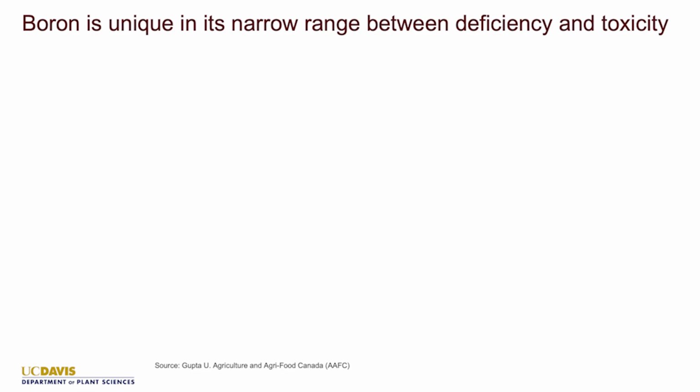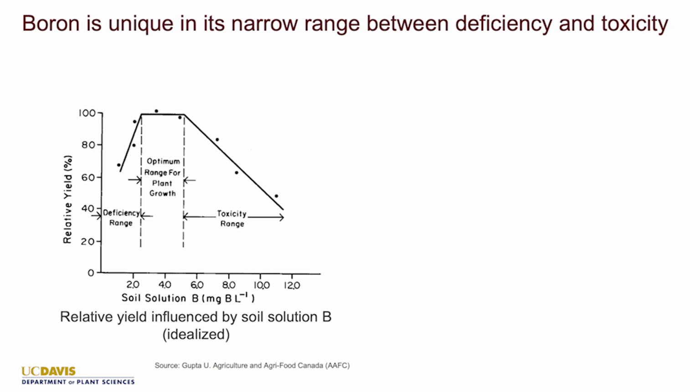Let's get back to this discussion, where there is this very narrow window between deficiency and toxicity, and explain why it happens. That is that boron is not easily bound in the soil.